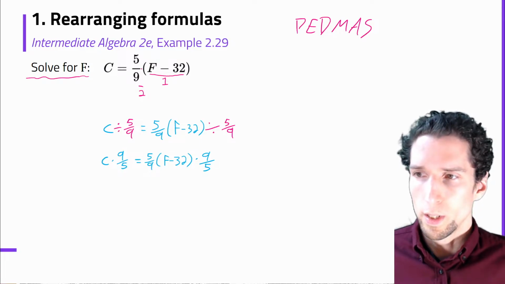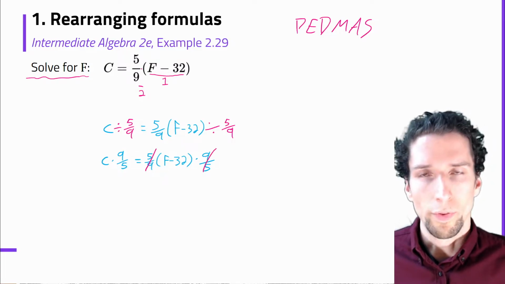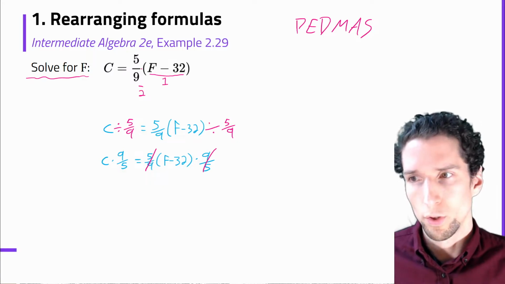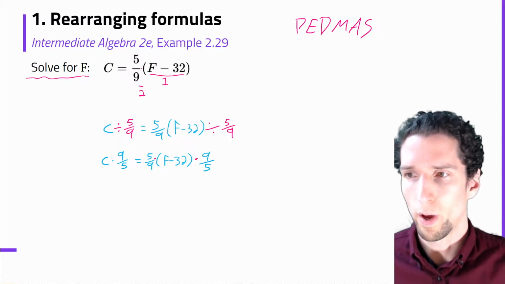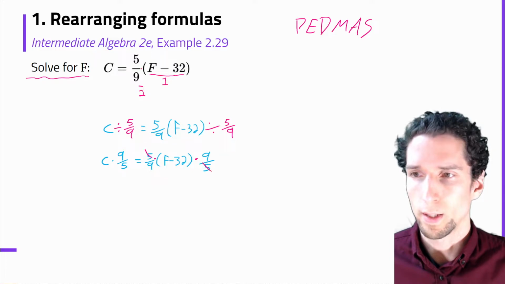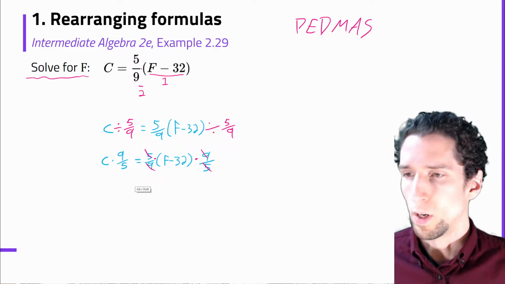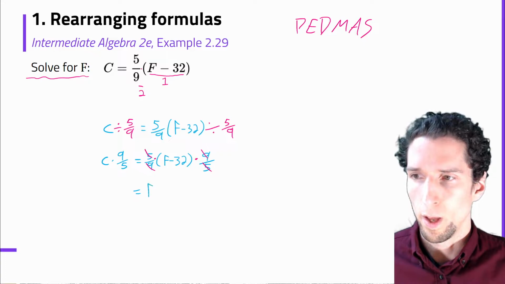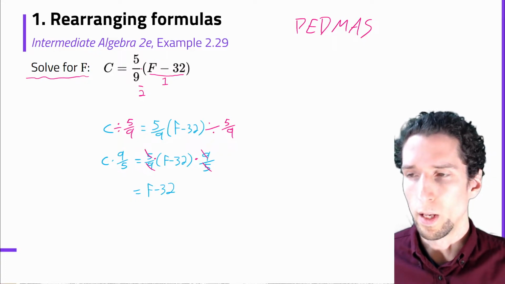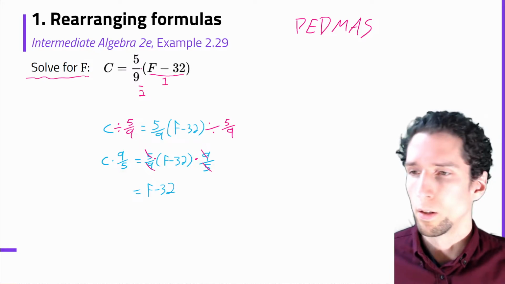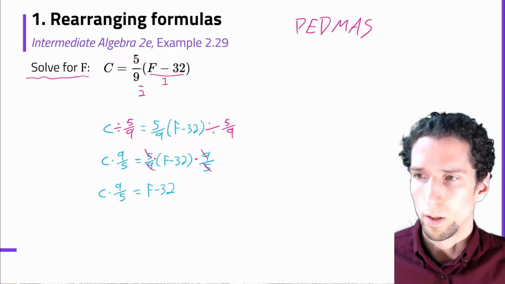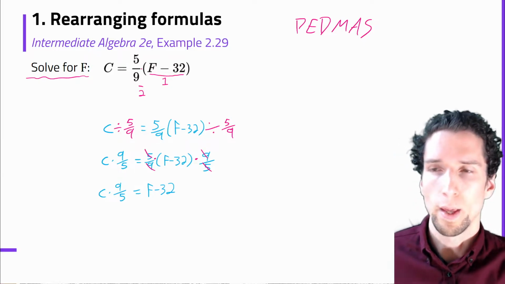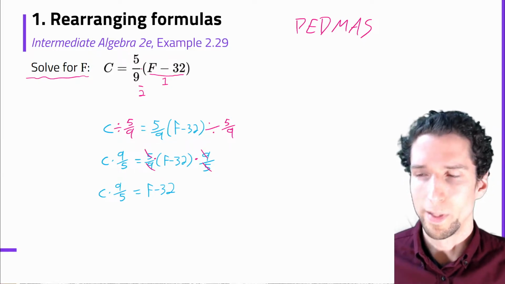All right, so the 5/9 and the 9/5 do cancel each other out. It's two multiplication operations, one on each side of the brackets, and we can just rearrange the order. So the 5 and the 5 cancel out, the 9 and the 9. On the left, we are left with just F minus 32, and on the right, C times 9/5.